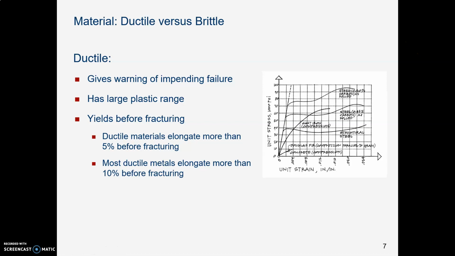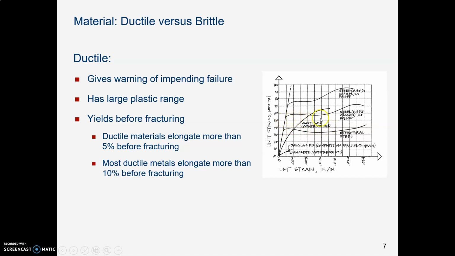Remember what you know about ductile materials versus brittle materials. So this is an idea that relates to failure modes. Ductile materials are ones that give warning of impending failure. And what does that mean for us with our stress-strain diagram? It means that when we reach the yield point, let's say in mild steel, suddenly there's a plastic range, isn't there?